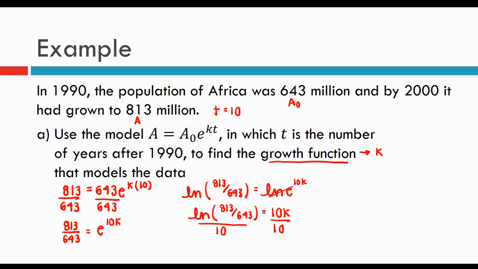And then carefully typing this into our calculator, we are going to get a pretty long decimal. So I would like you to round it to 3 decimal places. So we've got 0.023 as that value.